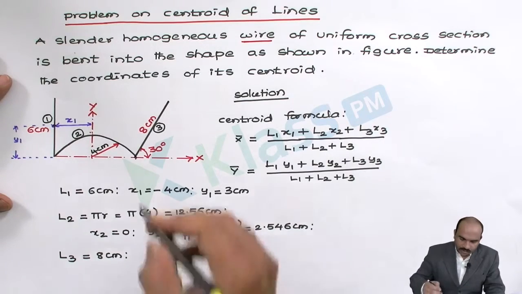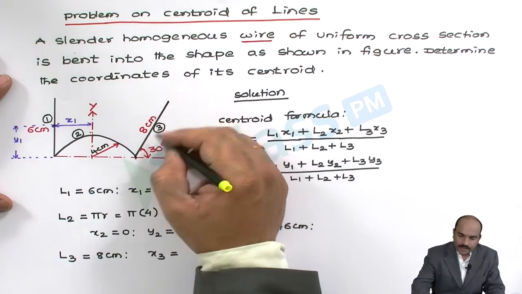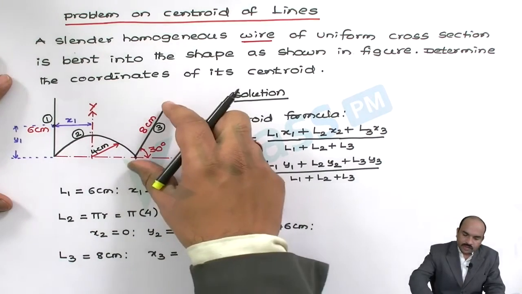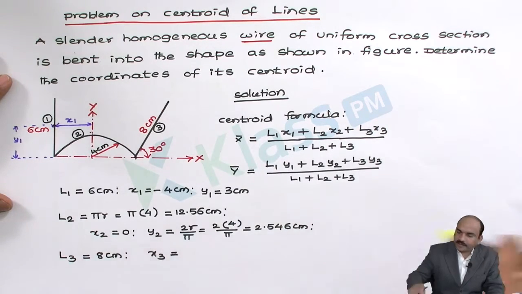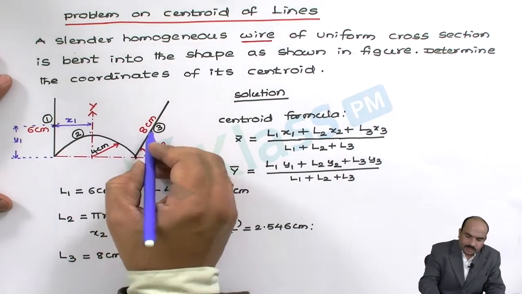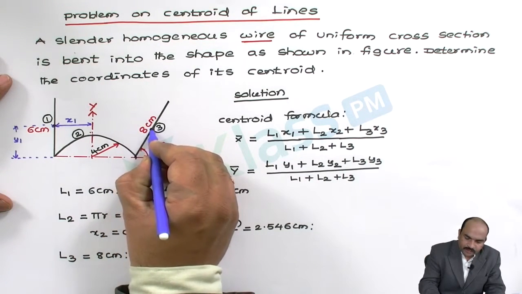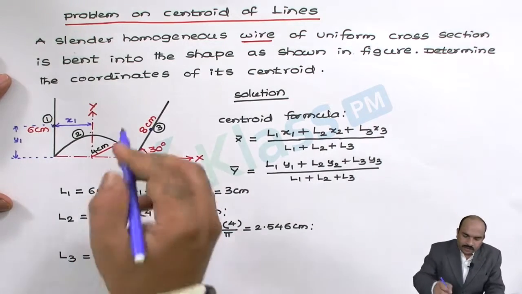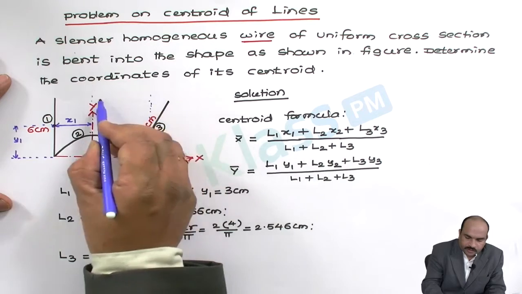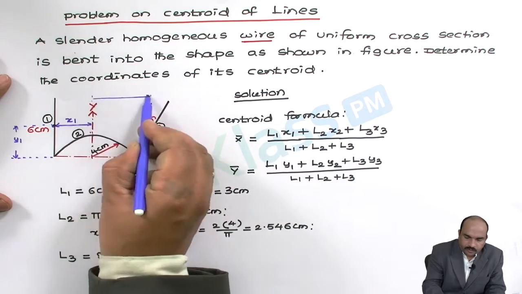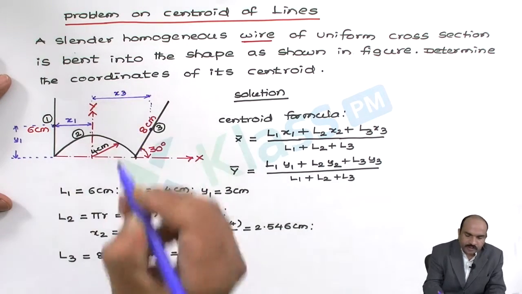Now let us calculate the values for the third line, that is L3. So the length of the line is given as 8 centimeters, and x3. x3 means, so this is the center, you can see, and x3 is the distance up to the y-axis. You can see here, this length is x3.